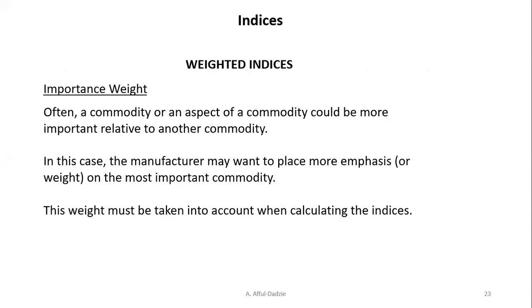We use some approaches we call the weighted indices, where we attach importance weights to the commodities or even the indices, so that if something has a high weight, it means it is very important or is making a significant contribution. When it is not making any significant contribution, it has a lesser weight.